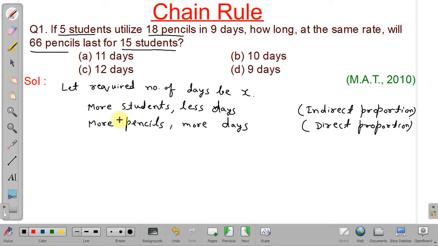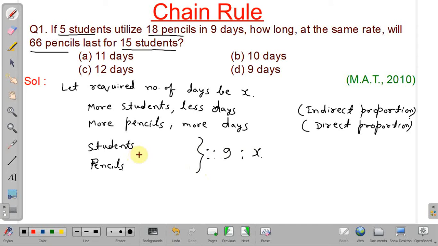Now we express this relation in terms of proportion. So first one is students, second one is pencils. Okay. Now in first case number of days is 9. So 9 ratio. In second case number of days we have assumed x. Okay, this will be proportional to.